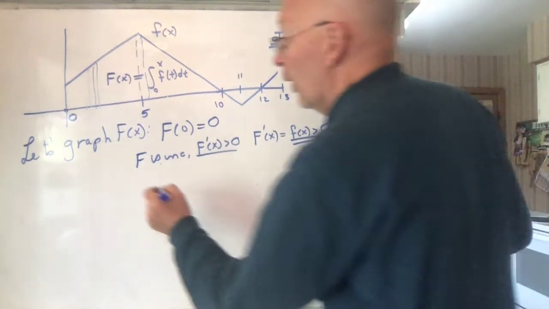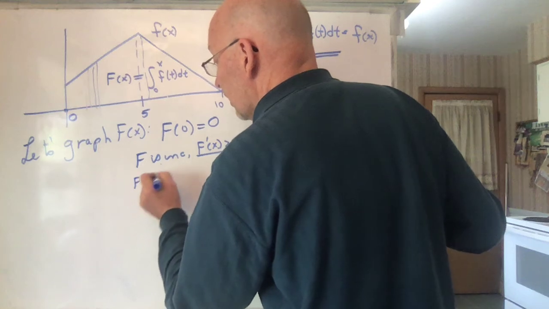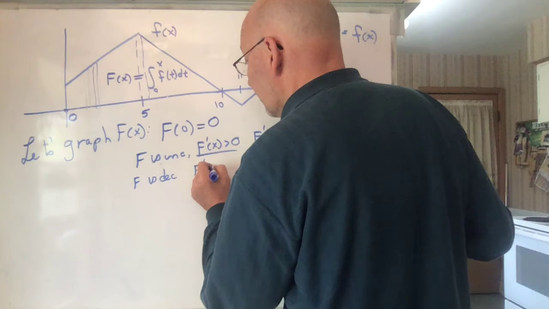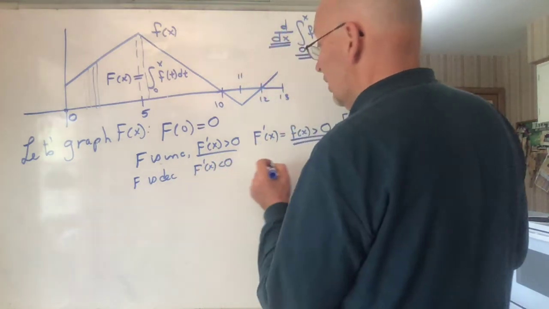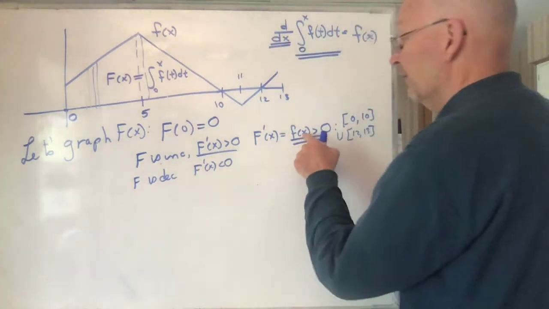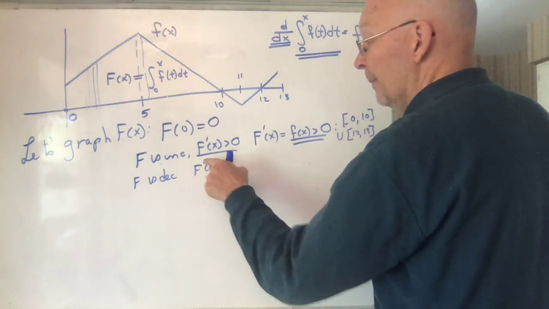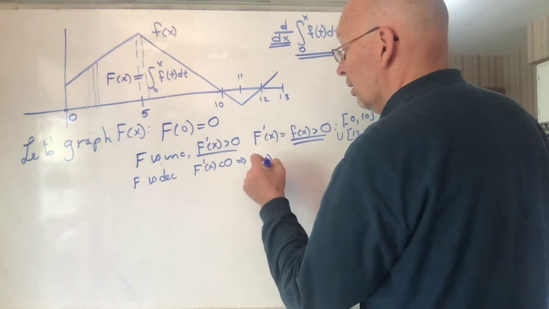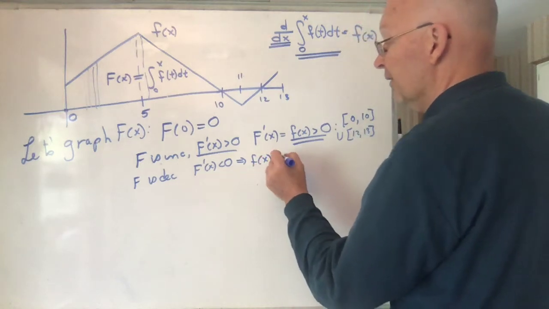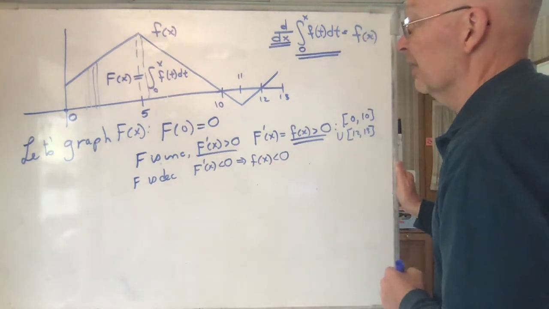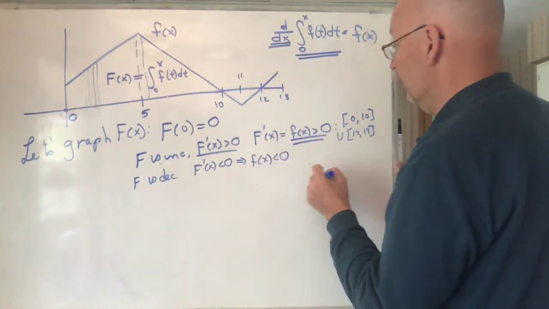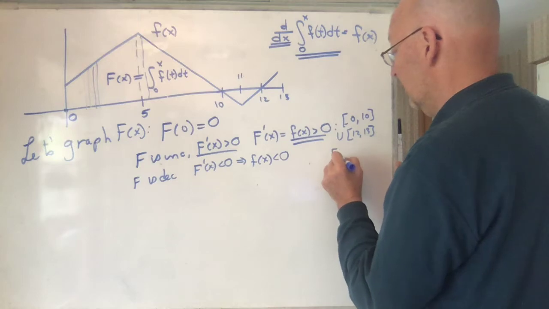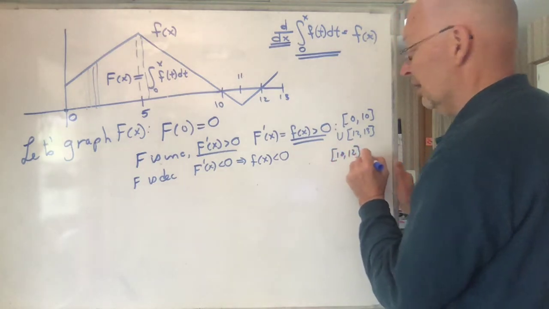Okay? Where is f decreasing? F is decreasing whenever its derivative is less than 0, and the derivative of capital F is just equal to small f. So it's wherever small f is less than 0. So that's going to be on the interval from 10 to 12.